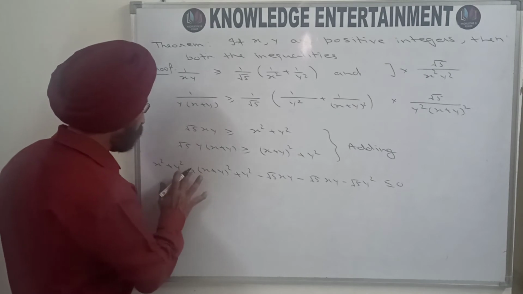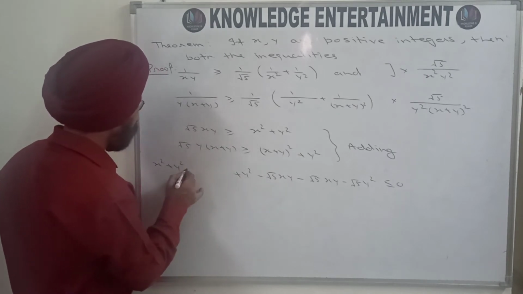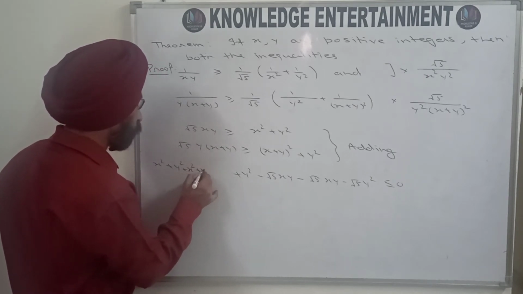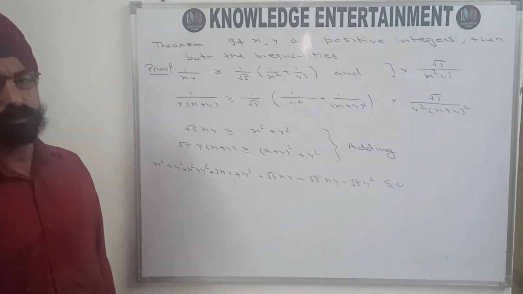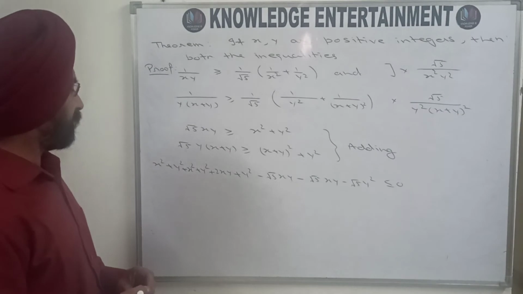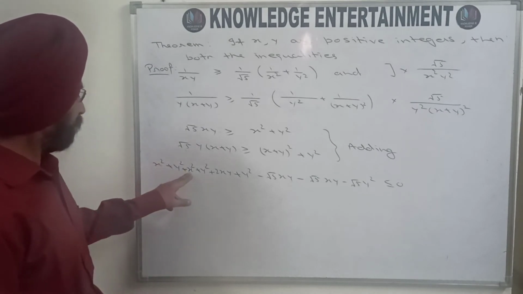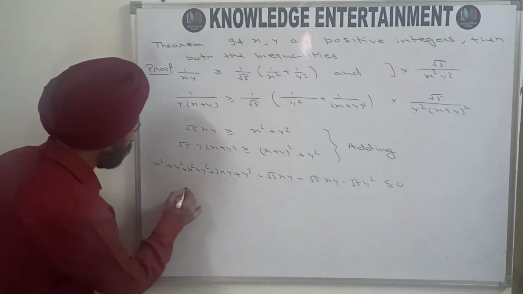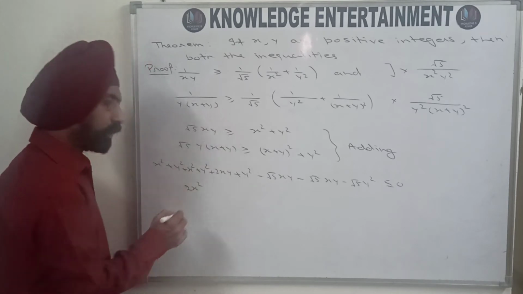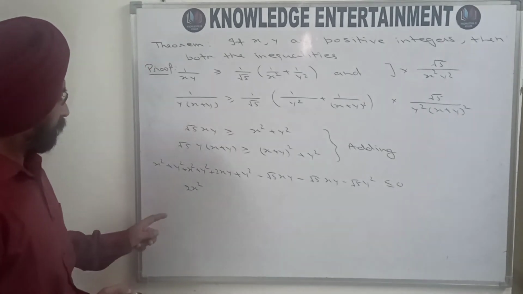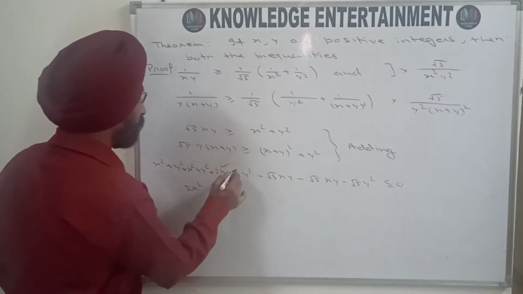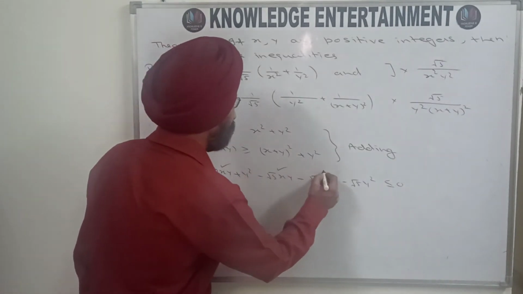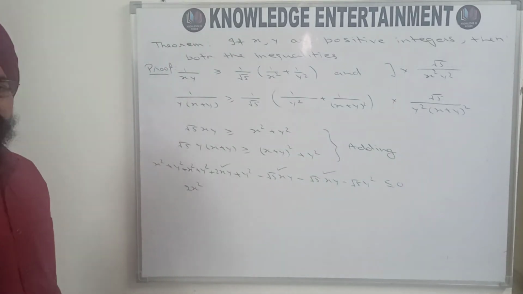Opening this bracket especially, you will get x square plus y square plus 2xy, and now collect the terms. Collecting the terms, you will get x square plus x square, so it is 2x square. How many xy are there? 2xy and minus 2 root 5 xy.